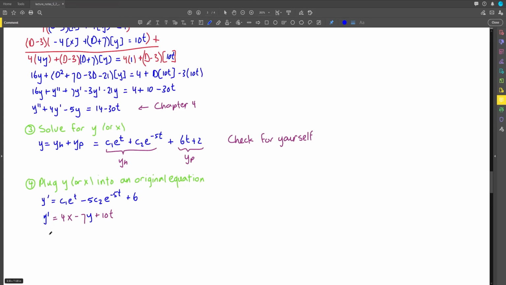Okay, so when I do that, I get c1 e to the power t minus 5c2 e to the power negative 5t plus 6 equals 4x minus 7 times c1 e to the power t plus c2 e to the power negative 5t plus 6t plus 2, and then plus 10t.